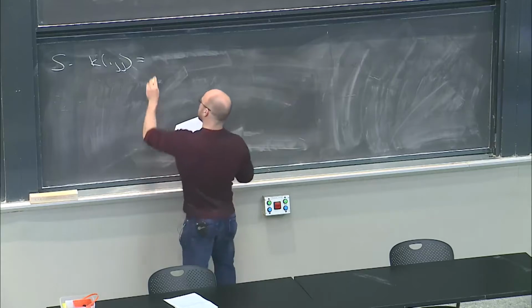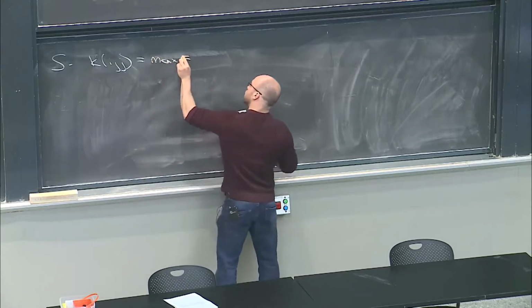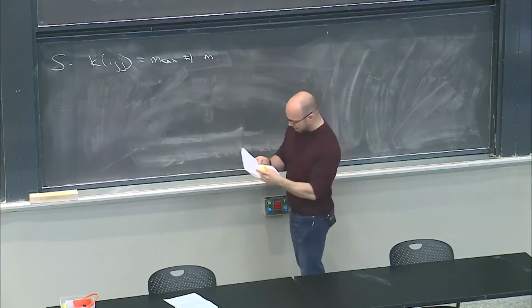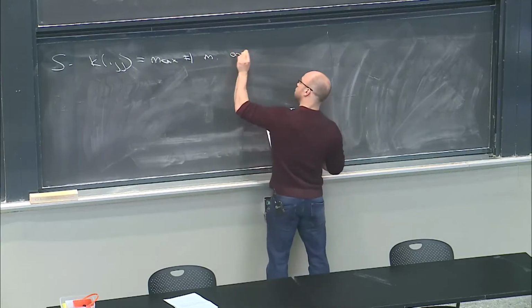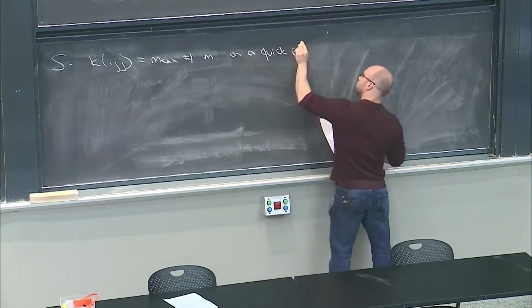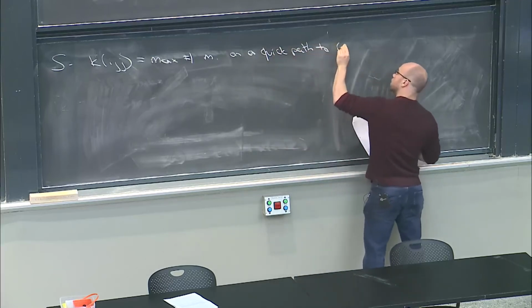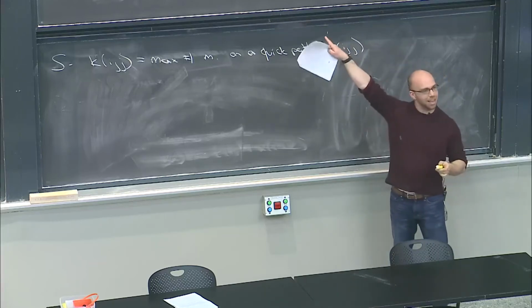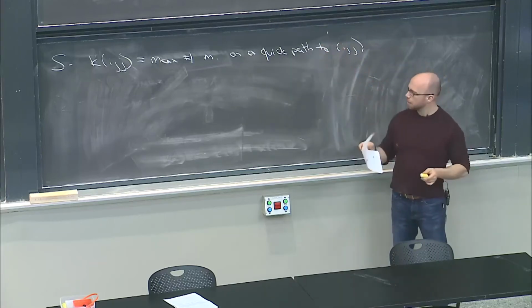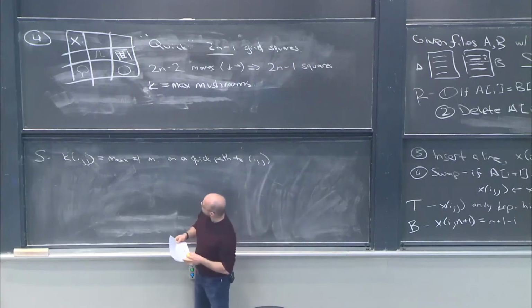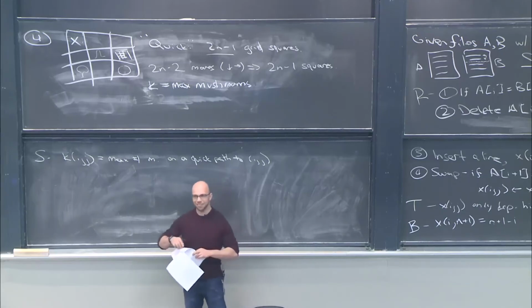So in other words, this is the max number of mushrooms, or M's for short, on a quick path to ij. So in other words, she always starts in the upper left, but now she stops at any other grid cell. Okay? Because I'm running low on time, I'm going to do this the way I want to do this. So we're just going to think about K.